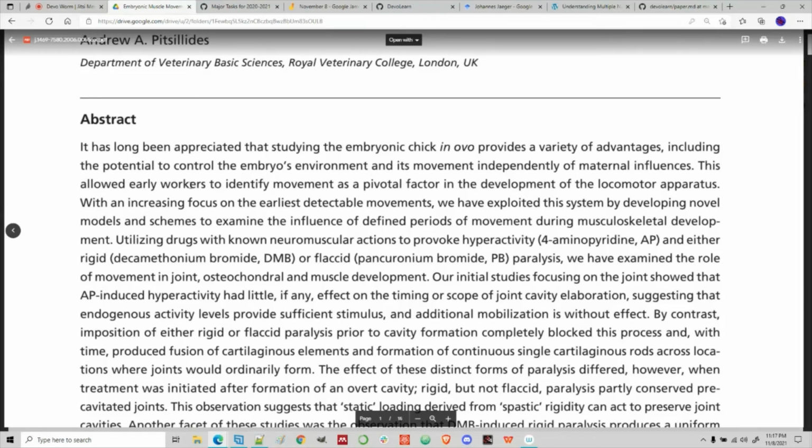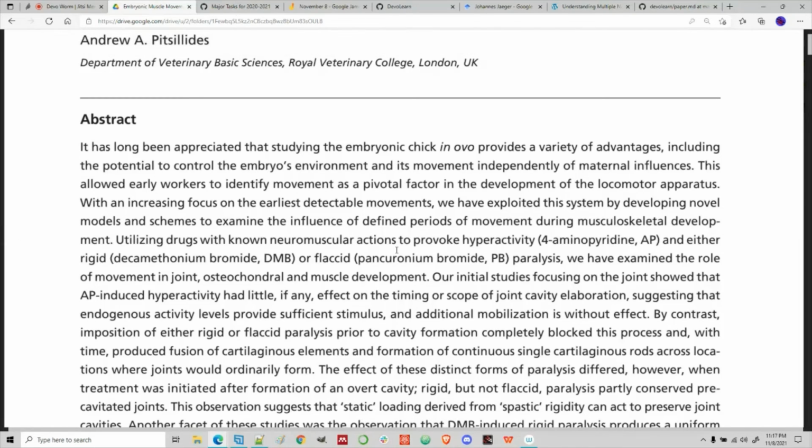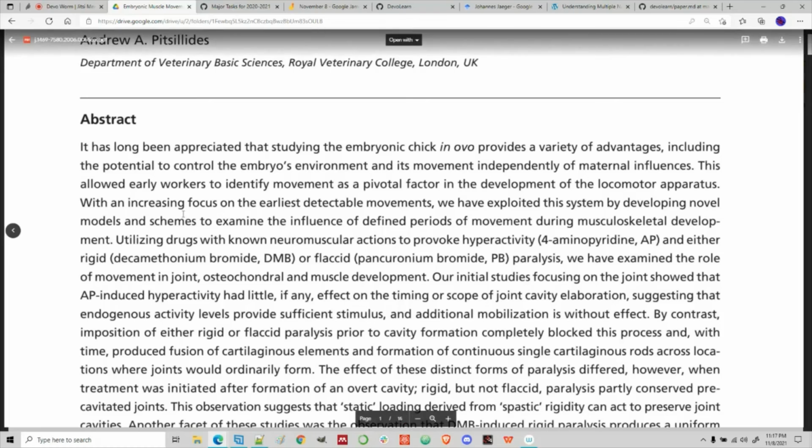This has allowed people to identify movement as a pivotal factor in the development of the locomotor apparatus, where the organism is going to be moving a lot in its life history, and it's trying to get ready for that in the embryo. So the muscles are twitching spontaneously, and they're getting ready to connect to the motor neurons and then become a movement system for the organism.